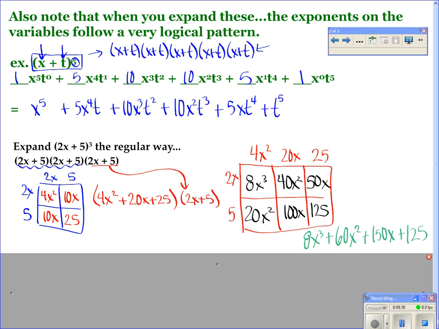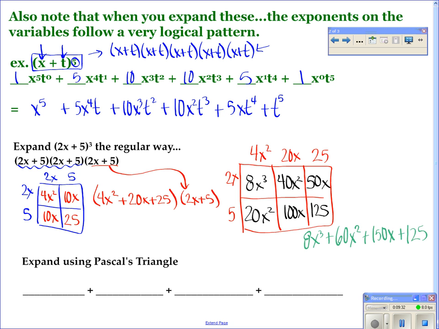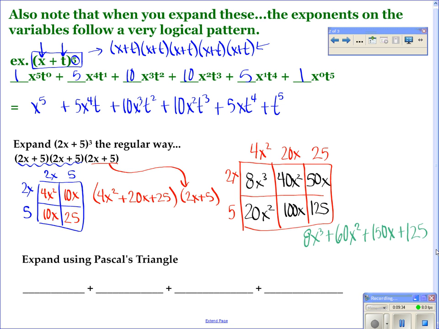Now, I'm going to show you how we can use Pascal's triangle. We're going to do a little bit of simplifying, but it's not going to take all of this work right here. Okay, but it is a little bit different than this problem that we did up here, because instead of just having an x and a t, we have a 2x and also a 5. But the process is still the same. So what I always do is I start with the coefficients.